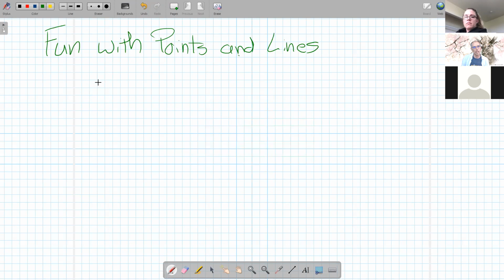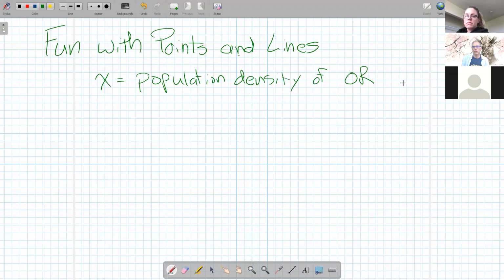So like for my data, I should probably have switched my variables. I think I would rather have X be population density, and you can use different letters than X, but you should say what they mean. Population density of Oregon County. And if that's not clear, be more specific.